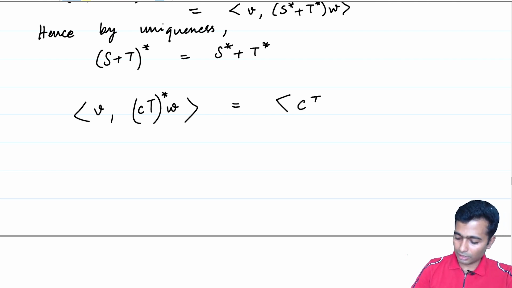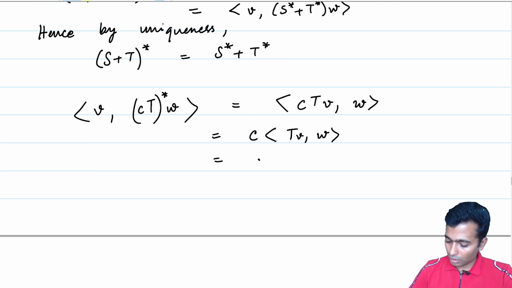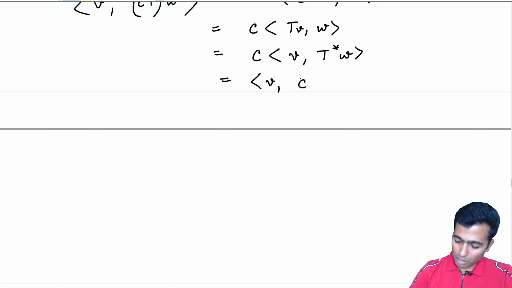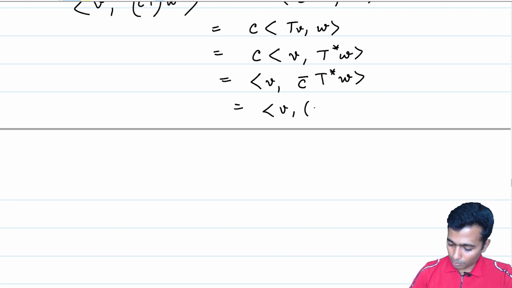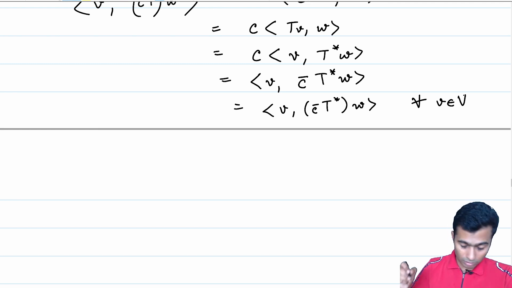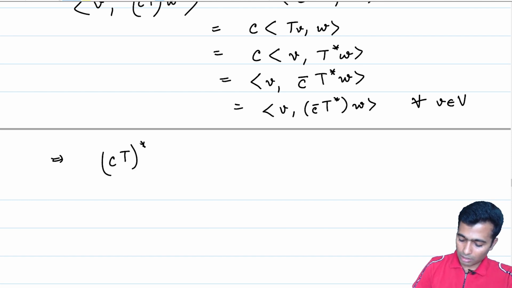This is just the inner product of CT V comma W, which is equal to C times the inner product of TV with W by using the properties of the inner product, which I will now write as the inner product of V with T star W, which is equal to the inner product of V with C bar T star W, which is equal to the inner product of V with the linear map C bar times T star acting on W. This is true for all V in capital V, which implies (CT) star is equal to C bar times T star.